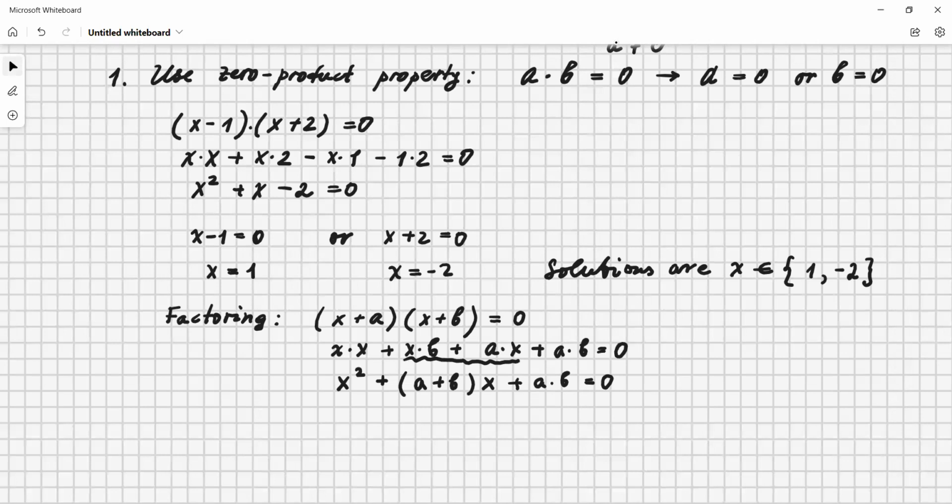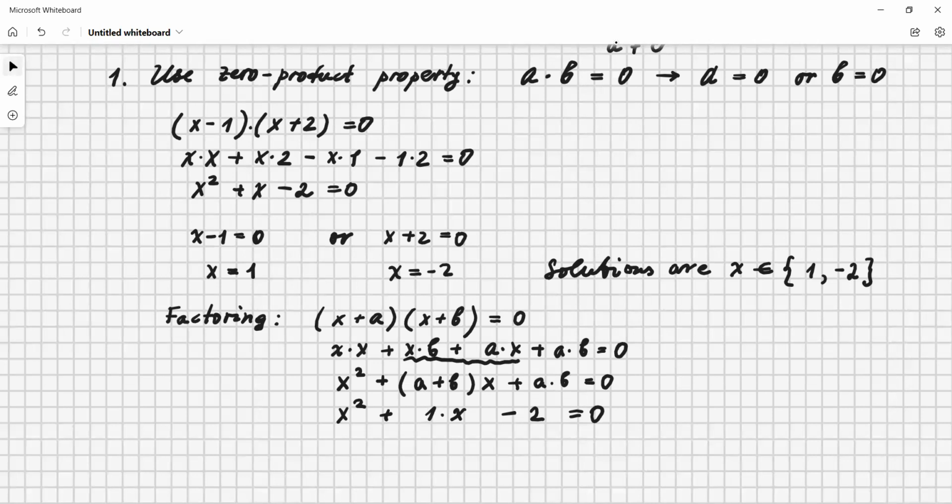What does it mean for us? If we compare it to the equation we have, x squared plus x minus 2, we see that if this equation was factored, there is supposed to be a coefficient here, which is equal to 1.